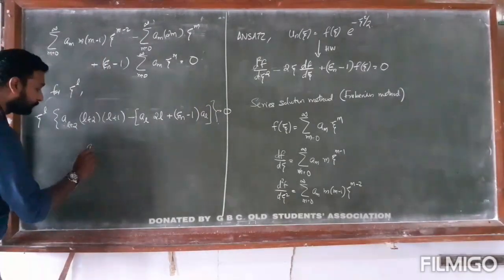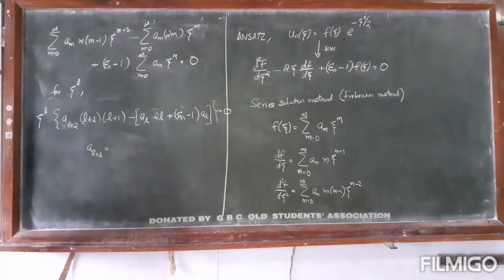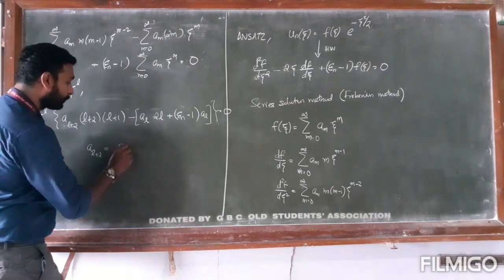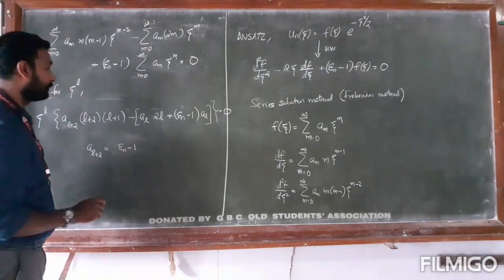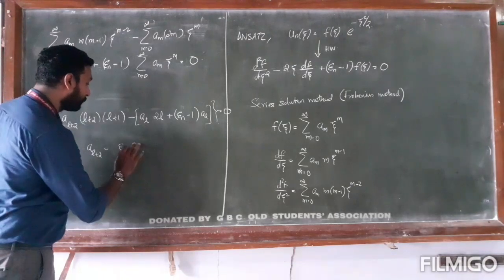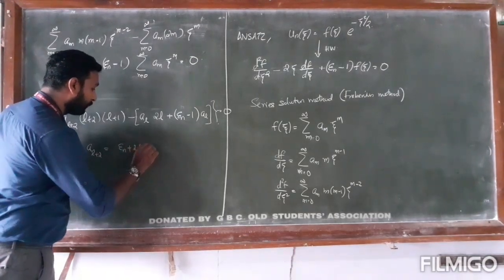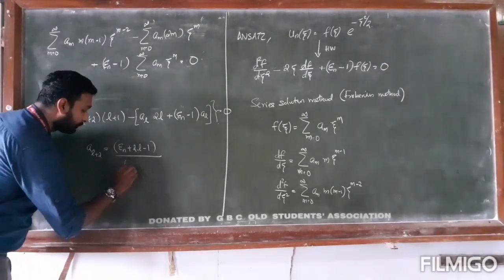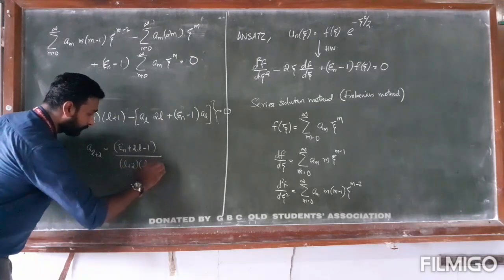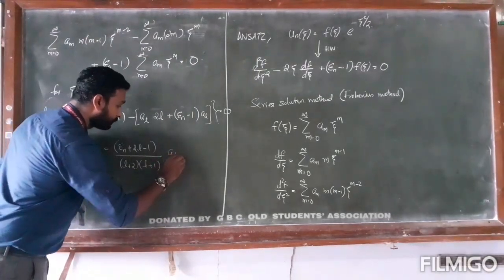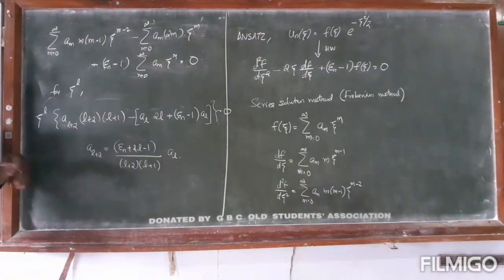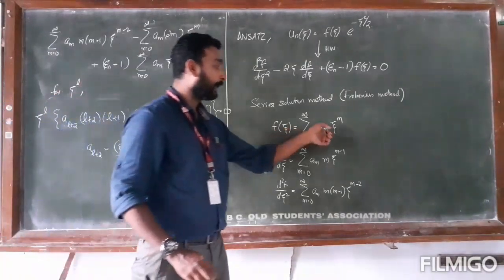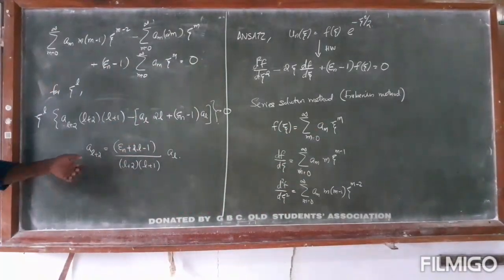So a_(L+2) I can write, moving to the right side, as epsilon n minus 1 plus 2L, divided by L plus 2 into L plus 1, into a_L. Such an equation is called a recurrence relation, the recurrence relation for the expansion coefficient a_m.